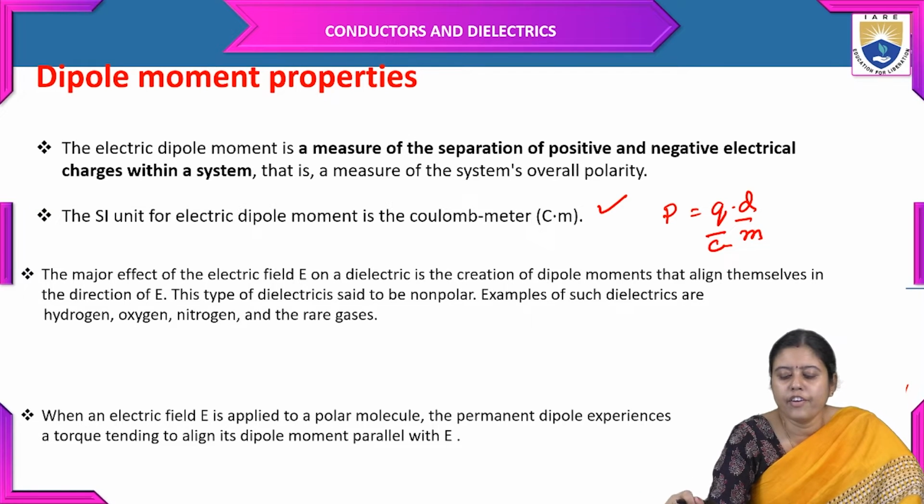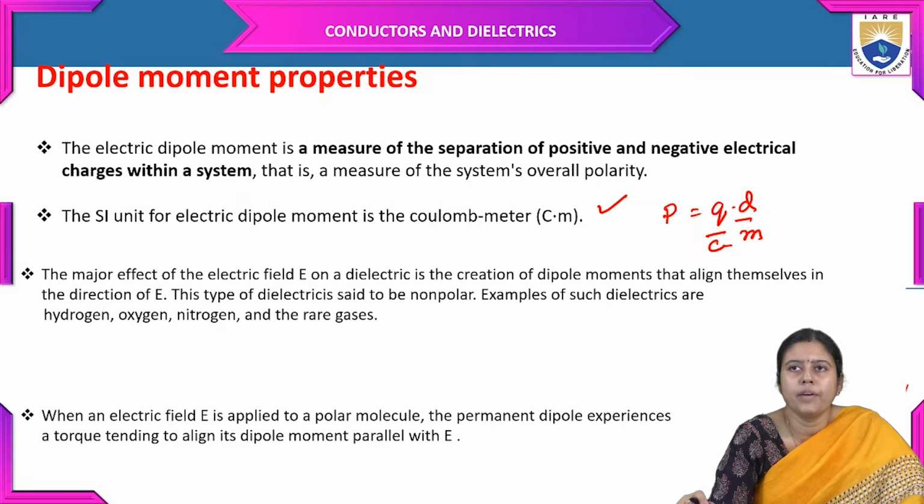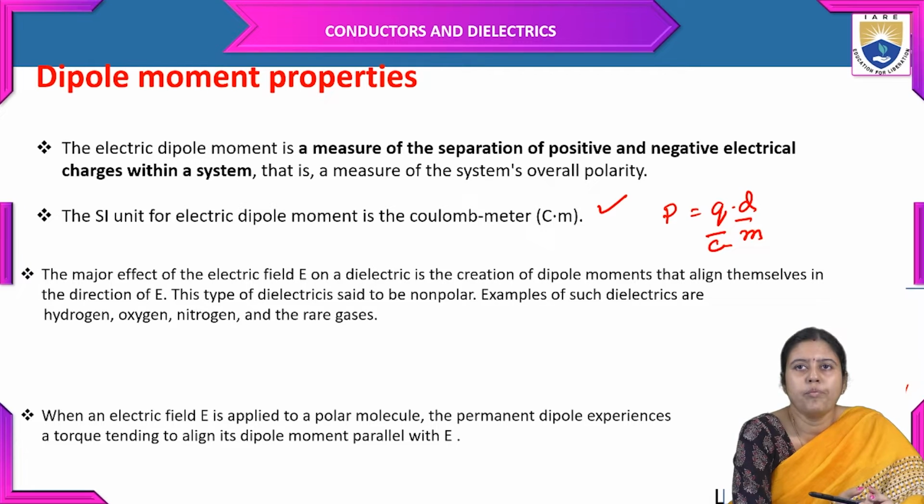The major effect of the electric field E is the creation of dipole moments that align themselves in the direction of E. There is a general tendency of the dipoles to change their position in the direction of the field.